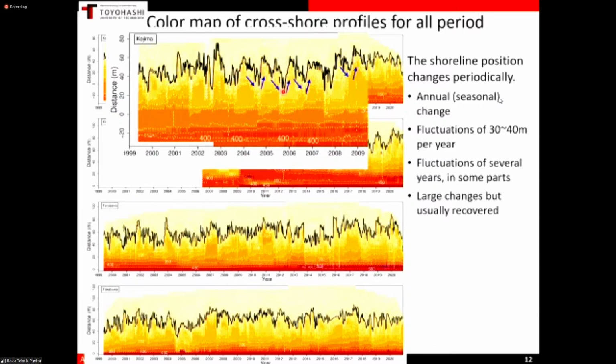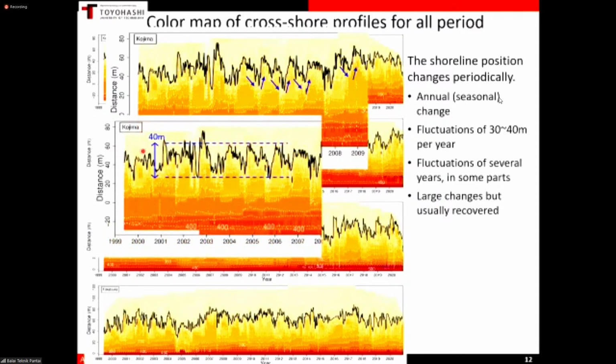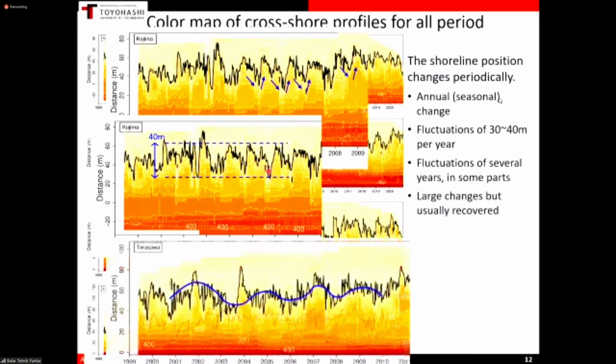So every year, there is a fluctuation like this, a seasonal fluctuation, and maximally about 40 meters changes every year. And we can also find fluctuations with a period of several years.